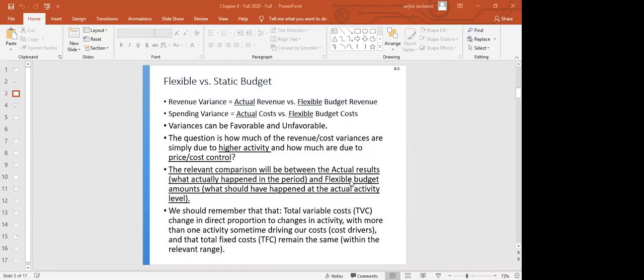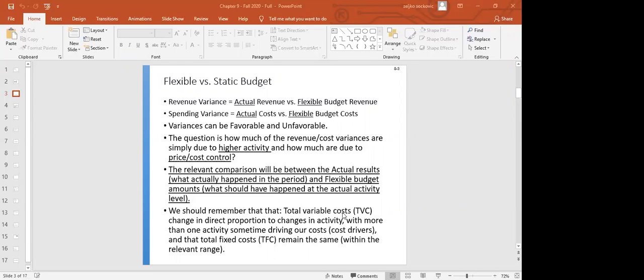When we compare actual results to the flexible budget, we are comparing what actually happened in the period, meaning we just get the numbers: net operating income, how much cost, how much revenue, etc. And the flexible budget amount, because the flexible budget will include, again, this combination between the planning budget and actual activities. So it will be kind of in between. It will be a bridge between actual results and the planning budget.